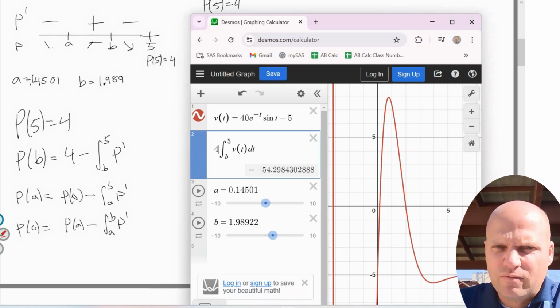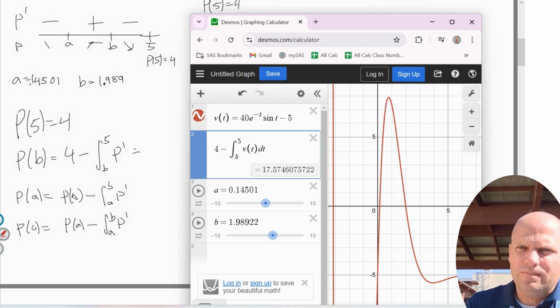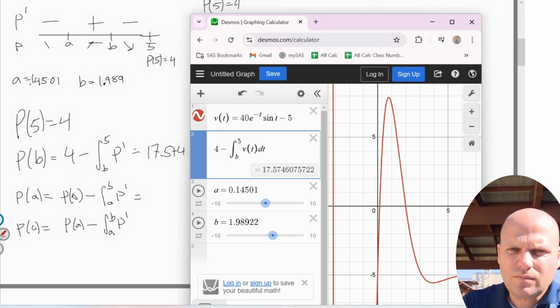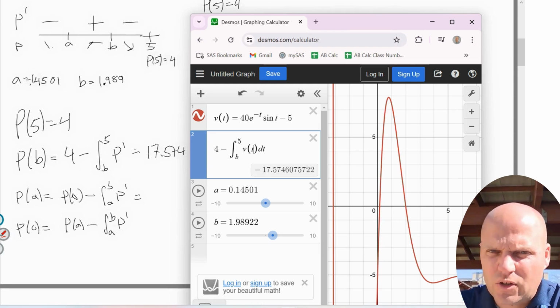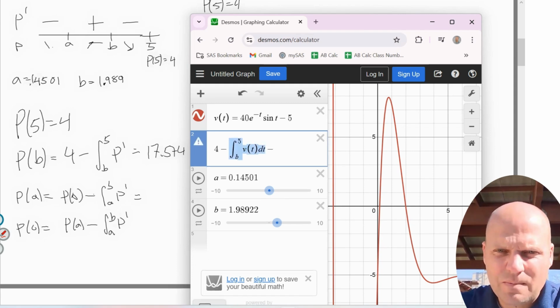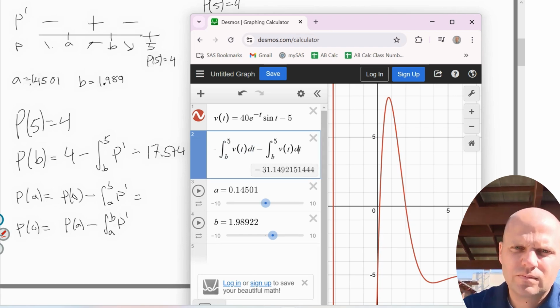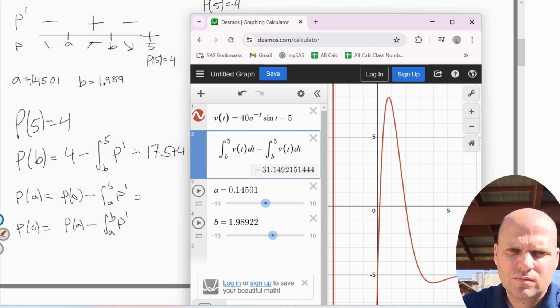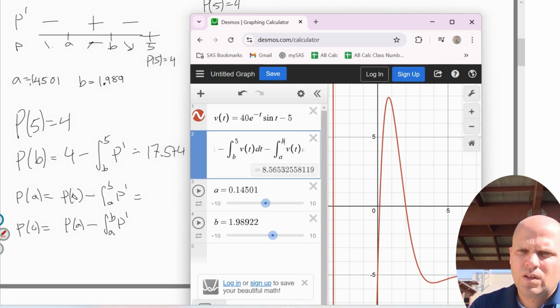Okay, 5, 4 minus b to 4. So I will decrease a lot, which means I will come from here. I will then also subtract integral from a to b, which is 8.565.